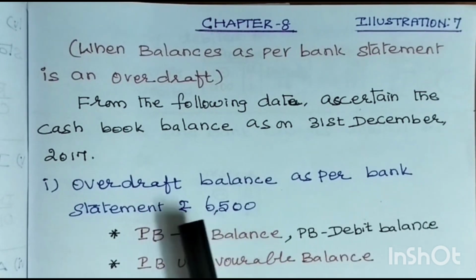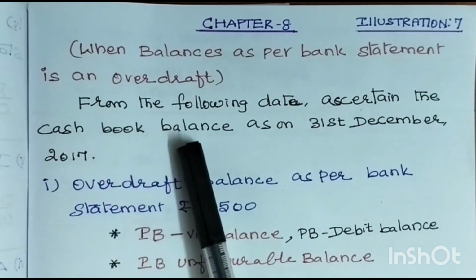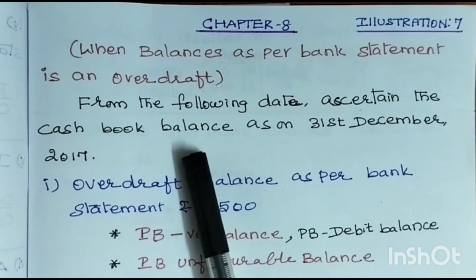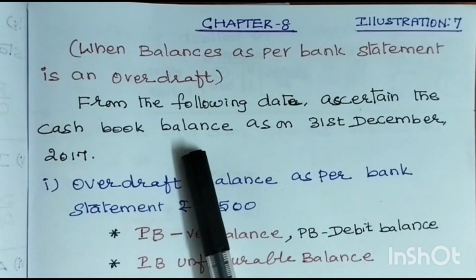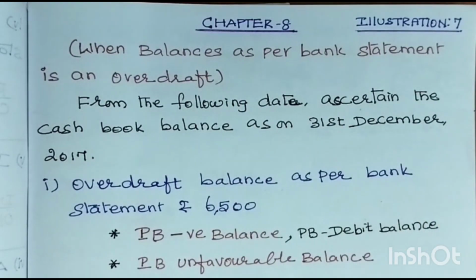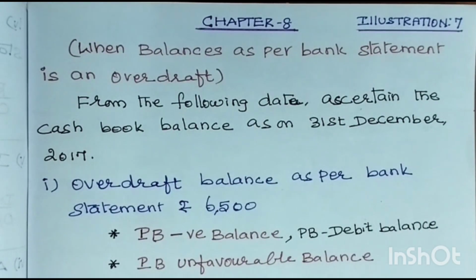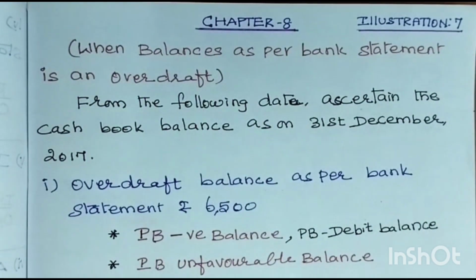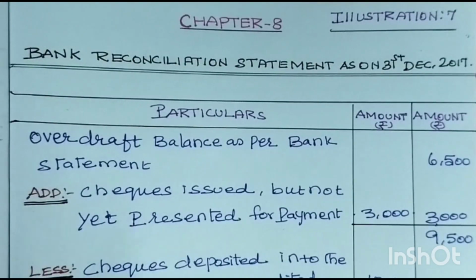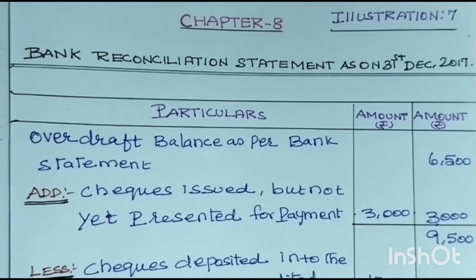Then we need to find out the balance as per cash book. You need to solve it accordingly. Before we enter the given transactions into the BRS, we need to prepare the format of the BRS.